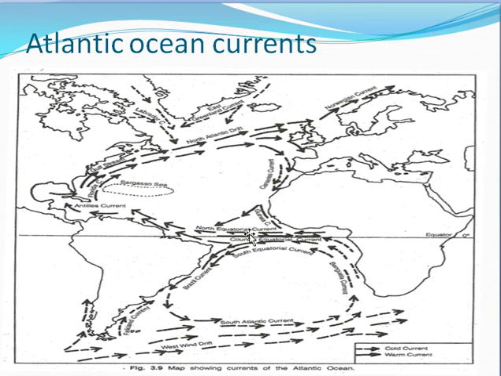First, let me take the north equatorial current. The north equatorial current flows between the equator and 10° north latitude.